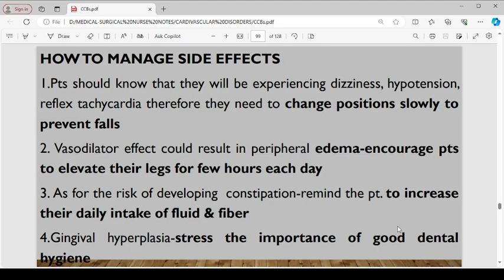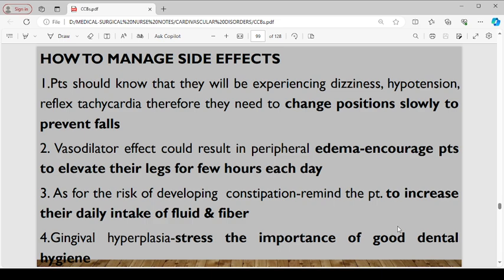When these patients experience side effects, they have to know how to manage them, okay. They are supposed to be told that they will be experiencing some side effects like dizziness, hypotension, reflex tachycardia, so they are supposed to be made aware.